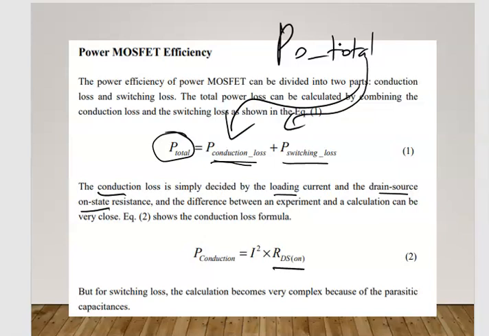This is referring to a MOSFET. Conduction loss is the load current squared times RDS on. For a transistor, your conduction loss will be the current times the voltage drop across your transistor.